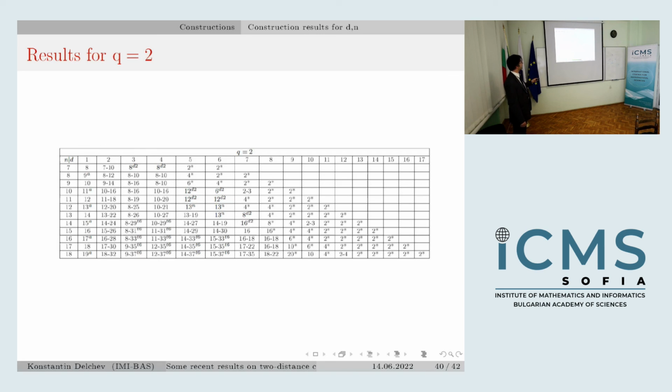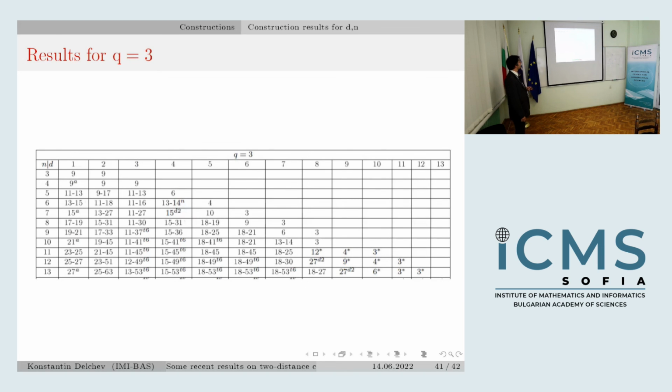Naturally, these are trivial codes, so we are not very much concerned about that. Again, for q equals 3 and d plus 1, we see the bounds from spherical codes being relatively present. Again, the other bounds are mostly present at the ends.